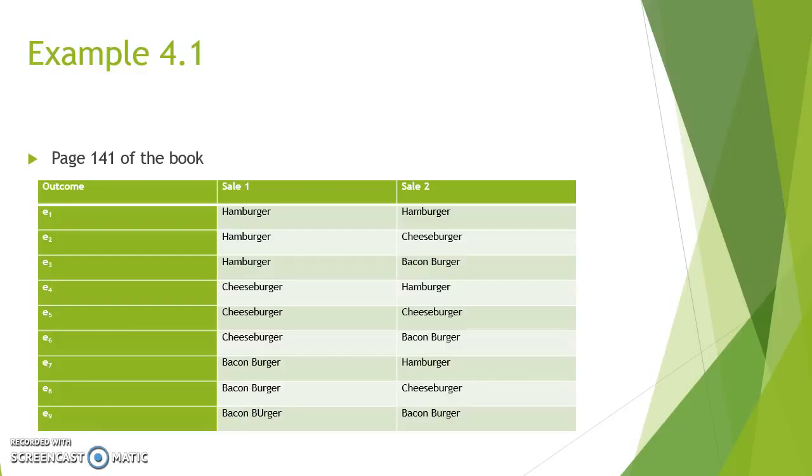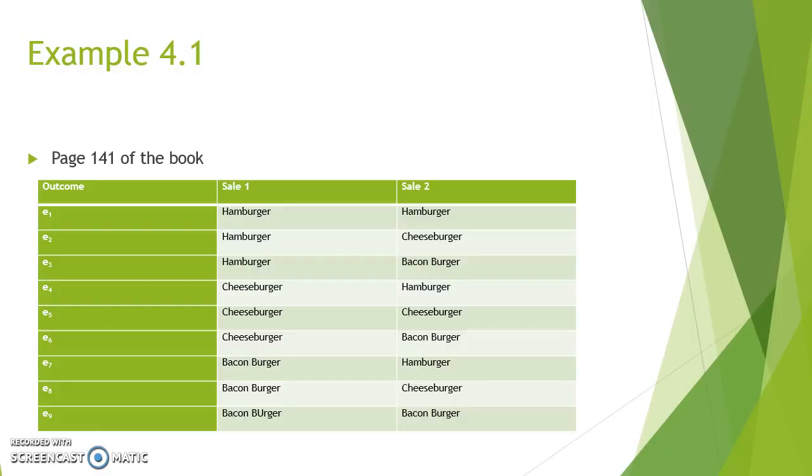The second step is defining the outcome of one trial of the experiment. So what would be the outcome based on one trial? We have E1, E2, and E3. There are 3 hamburgers. This is the product line. E1 would be a hamburger, E2 would be a cheeseburger, and E3 would be a bacon burger.